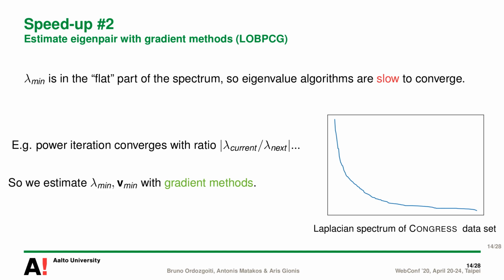The problem with this is that eigenvalue algorithms have a rate of convergence which is usually dependent on how close these eigenvalues are together. For instance, the convergence rate of power iteration depends exactly on this ratio. So we resort to gradient methods to estimate the minimum eigenvalue and corresponding eigenvector, which is much faster.